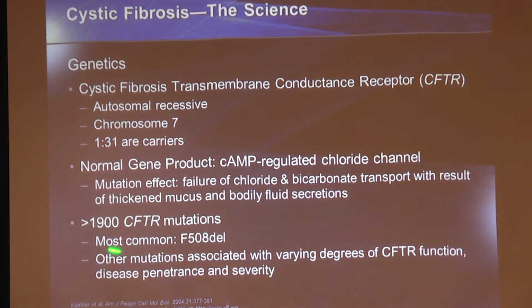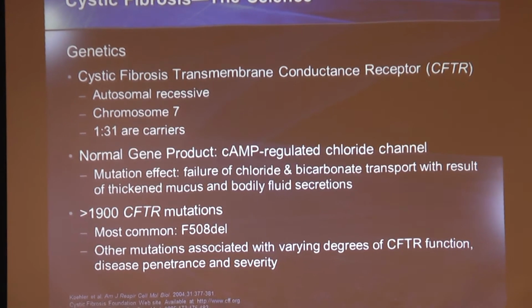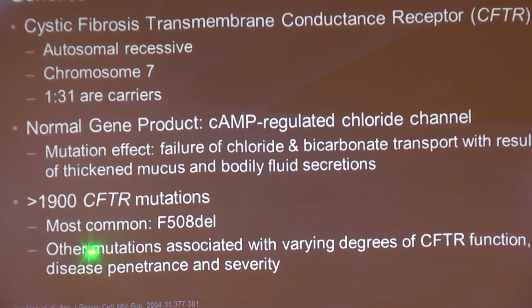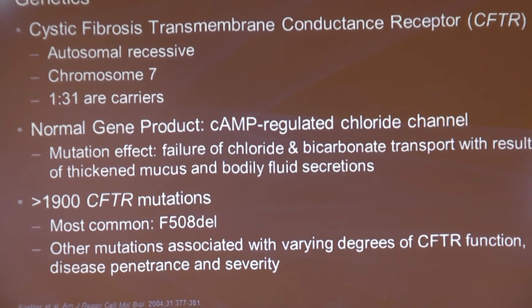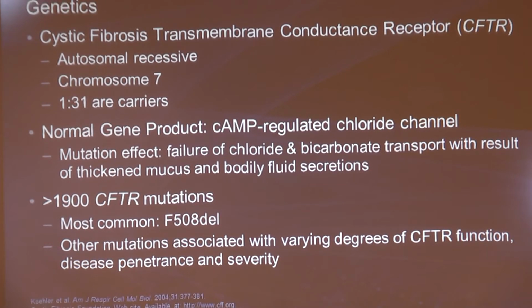We're close to 2,000 mutations being identified in this single gene. So it's a pretty large gene and a fairly large protein. And the most common mutation that everyone here is familiar with, F508del, is present in about half the patients in the world, both copies, homozygous, and another 40% or so, 1 copy.